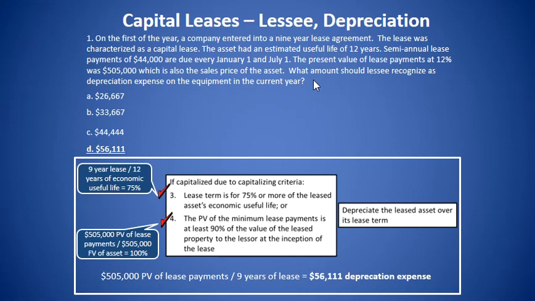However, criteria 3 and 4 are included in the problem, where our economic useful life is 75% and the present value, $505,000 present value of the lease payments divided by $505,000, equals 100%.